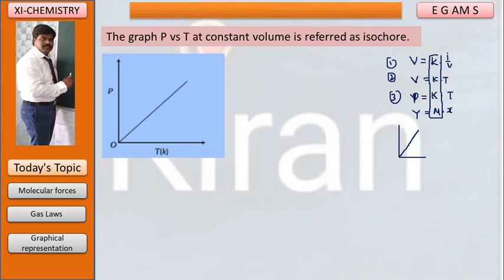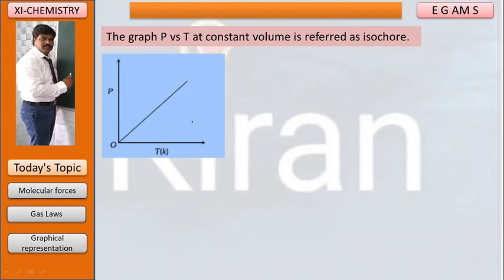and here 1 by V we can treat as one component. This is T, here also T. These all indicate x. In the same way here also it is a straight line, because when temperature increases, pressure increases.